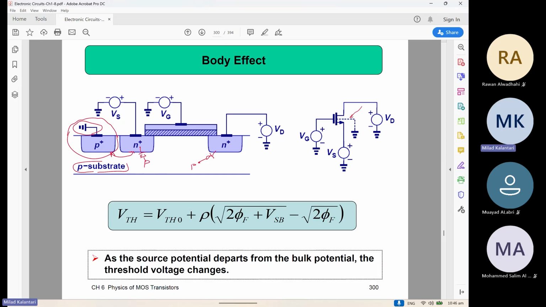This is the way we show it: we show some center line showing the bias of the substrate. If you change this voltage of the substrate with respect to the source, it may change that V threshold voltage. It's some function that depends on the semiconductor work function or something like that. So this sometimes will be used to adjust the V threshold of the device.